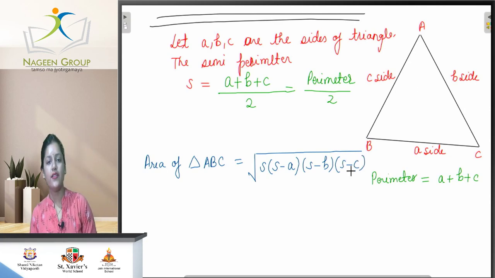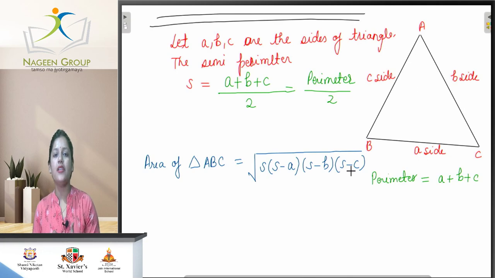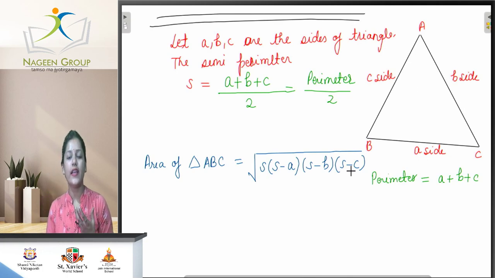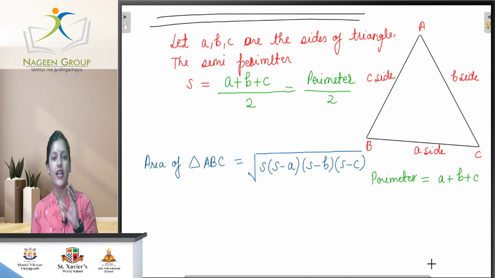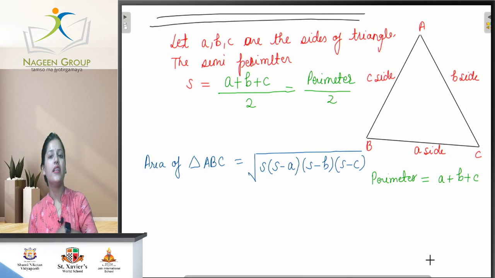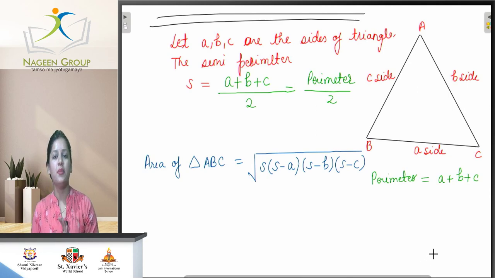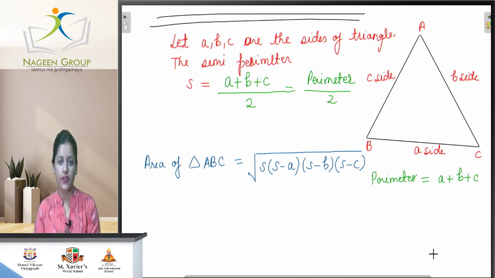Have you understood? First you have to find the semi-perimeter, that is half of the actual perimeter. Perimeter is the sum of all the sides. After that you find the area of the triangle, that is the square root of s, semi-perimeter, bracket s minus a, s minus b and s minus c. I hope you understand the formula.